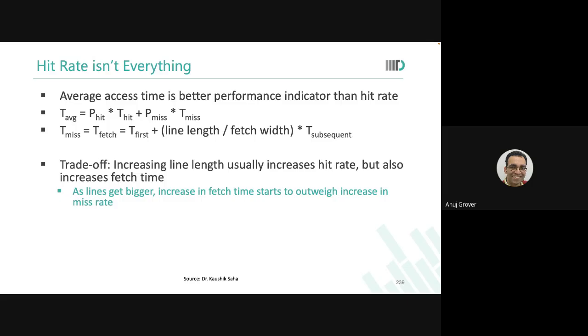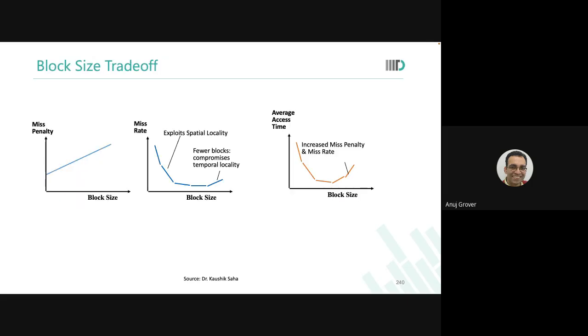Hit rate isn't everything. We have to design our line length carefully so that our overall access time does not go very large. Okay. So this is again a different one on block size and locality.